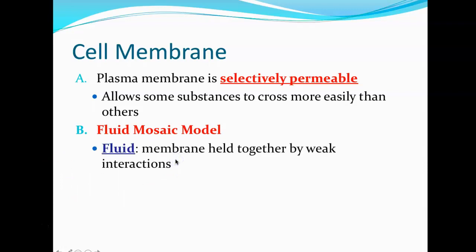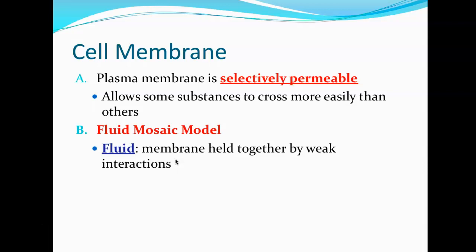The cell membrane is described as a fluid mosaic model. It's described as fluid because there are weak interactions that hold the phospholipids together. And you're going to see there's a picture at the bottom there, a really beautiful picture of the fluid mosaic model and everything that is included in that. And so the membrane is held together by weak interactions.